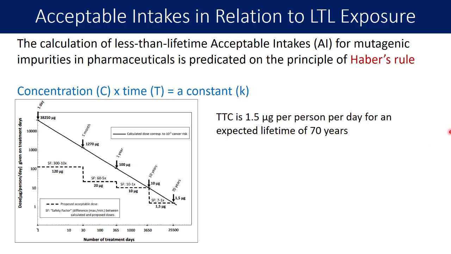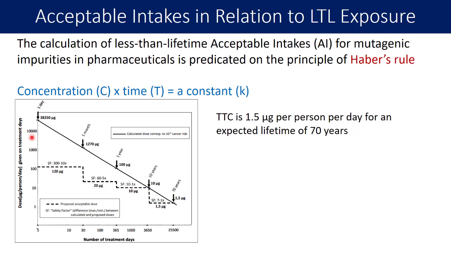If you look again at the ICH M7R1 guideline, you will find that the TTC is 1.5 micrograms per person per day for an expected lifetime of 70 years. So if you calculate over a period of 70 years how much quantity of this mutagenic impurity is going to be consumed, you can find this in this particular diagram.